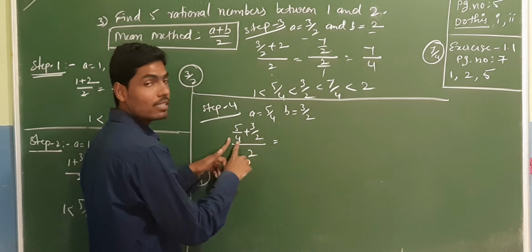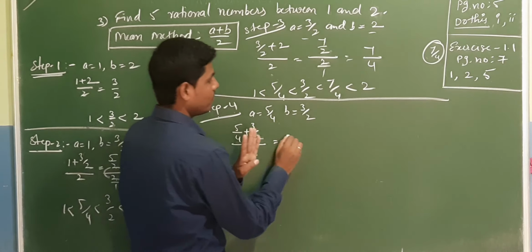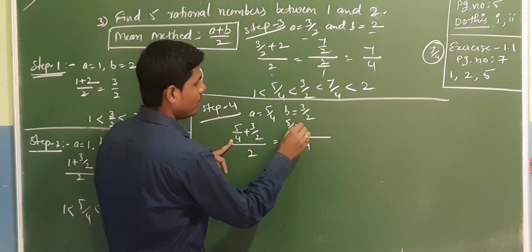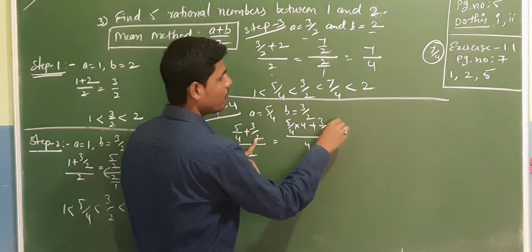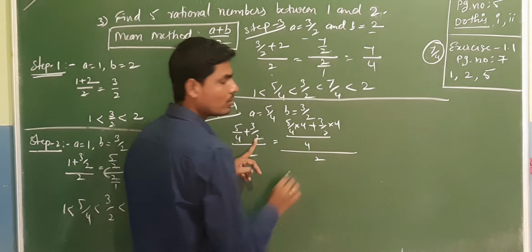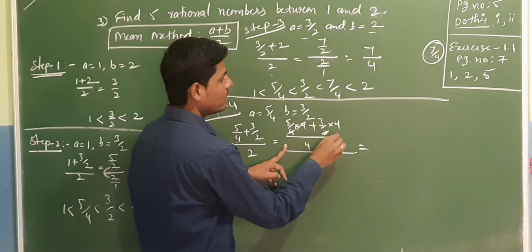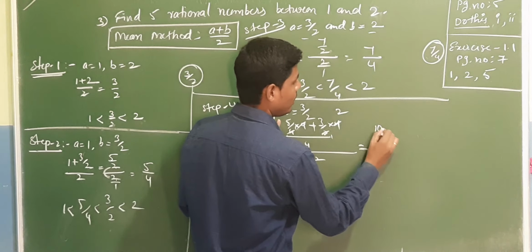Here we need to take the LCM. For 4 and 2 the LCM is 4, so 5 by 4 into 4 plus 3 by 2 into 4, and whole by 2. Here the 4s get cancelled.